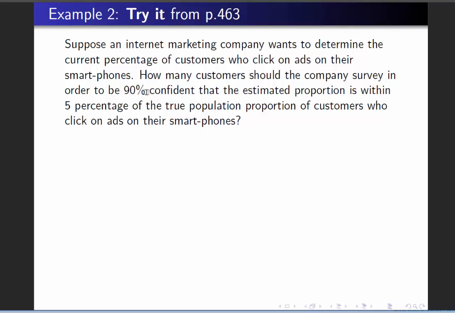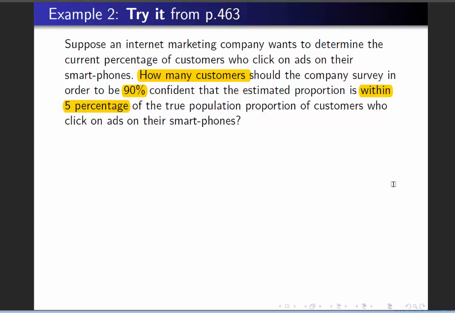Okay, so what do I have here? How many customers? I have a 90% confidence level, within 5 percentage points. There is a word missing here, but that's all right.